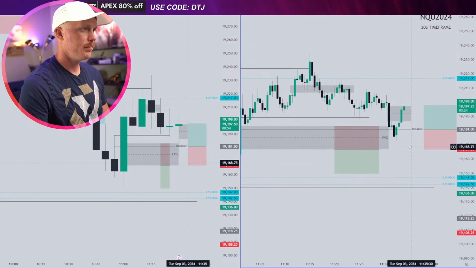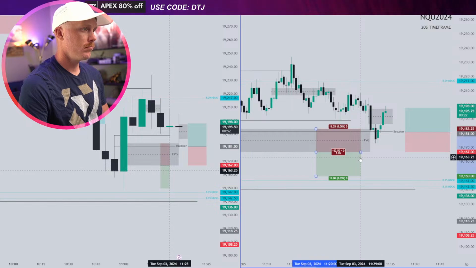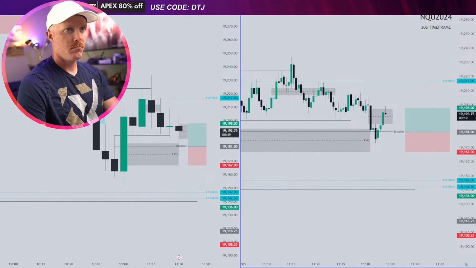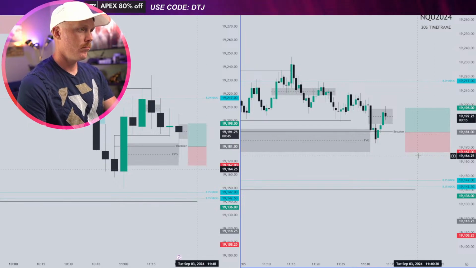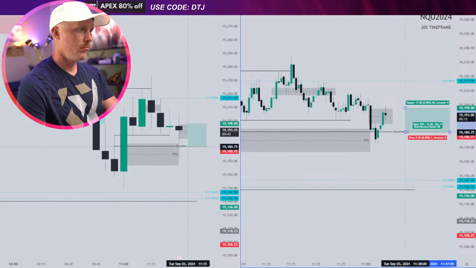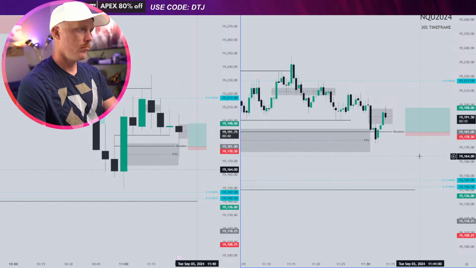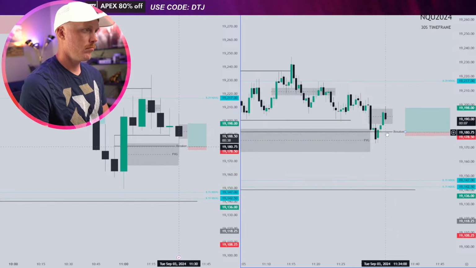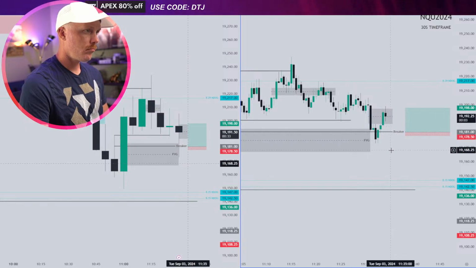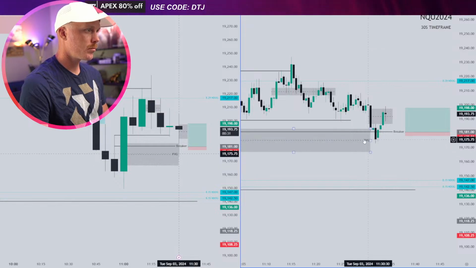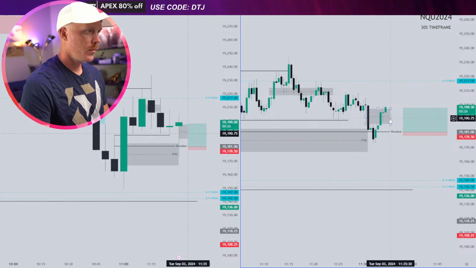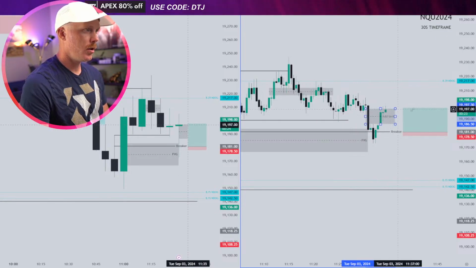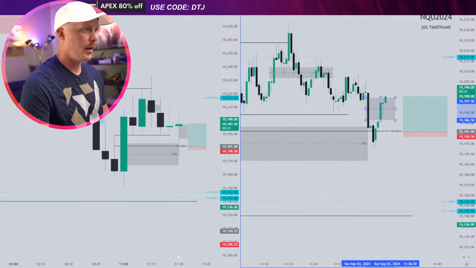No close yet. We want the confirmation of a close on the 30-second above this fair value gap sitting right there.